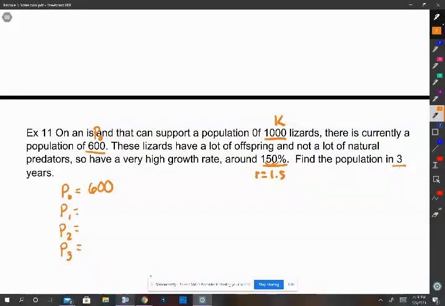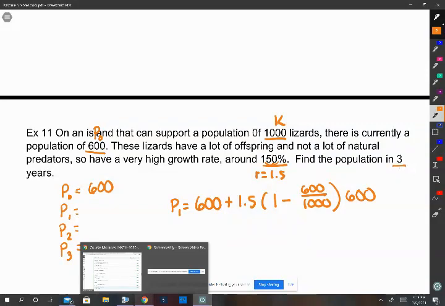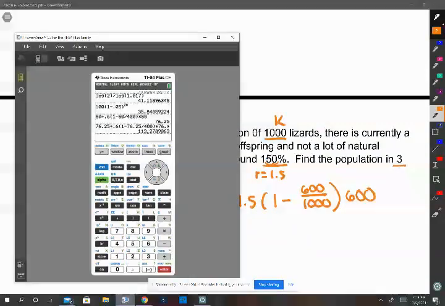And again, your equation would just be P sub 1 is equal to 600 plus 1.5, and then it's 1 minus 600 over 1,000, and then times by 600. And what's going to happen is that you're going to get a value that goes above and below.